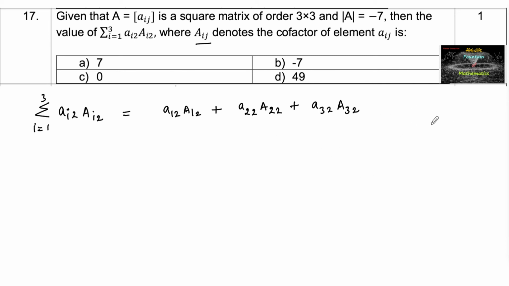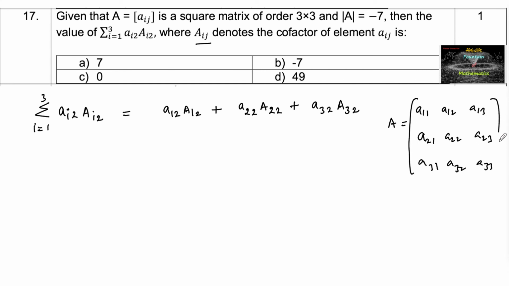So it's nothing but, suppose I consider a 3 by 3 matrix: a11 a12 a13, a21 a22 and a23, a31 a32 and a33. This is the matrix.